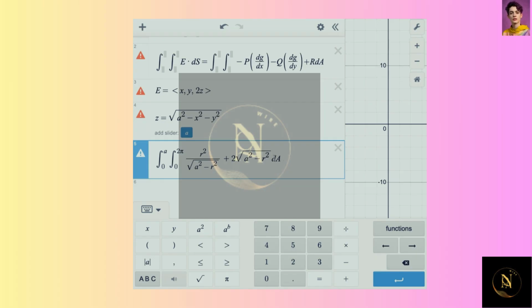Then we'll have r d theta. We move these terms around, and this will just be d theta, which as a result will just become 2 pi.